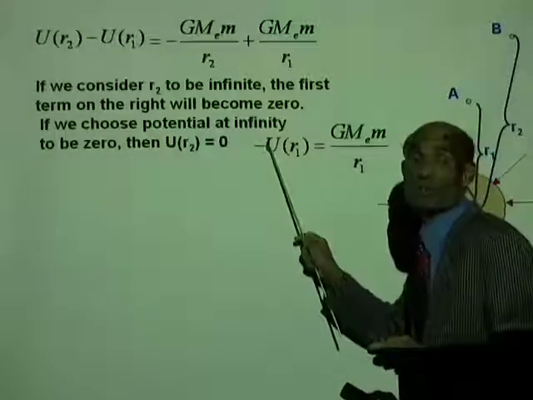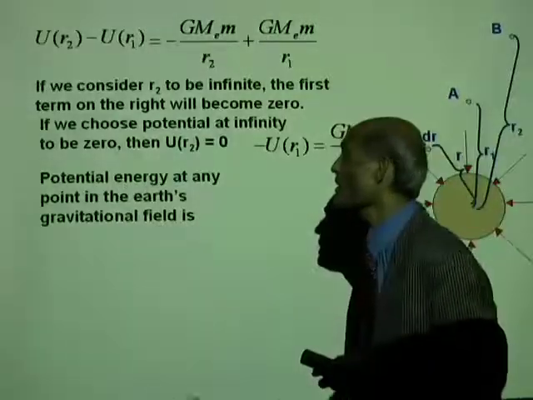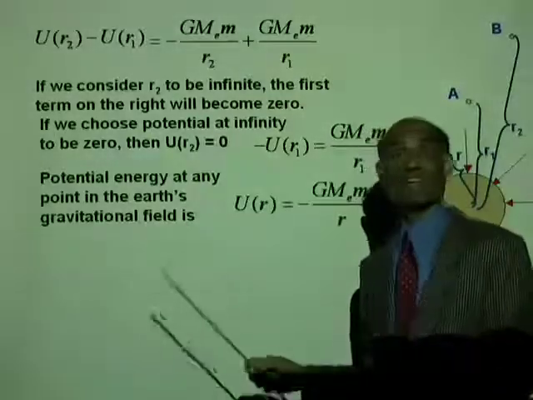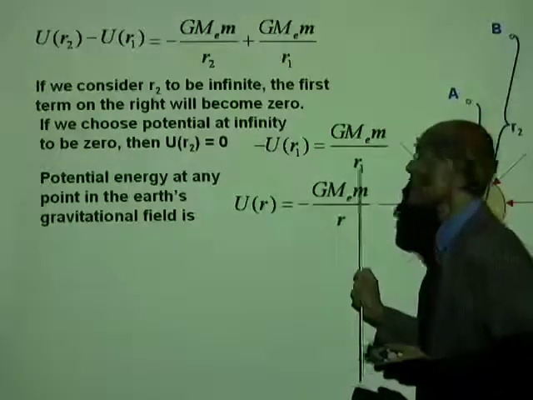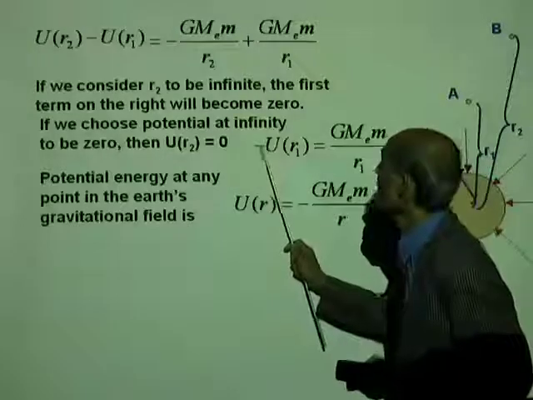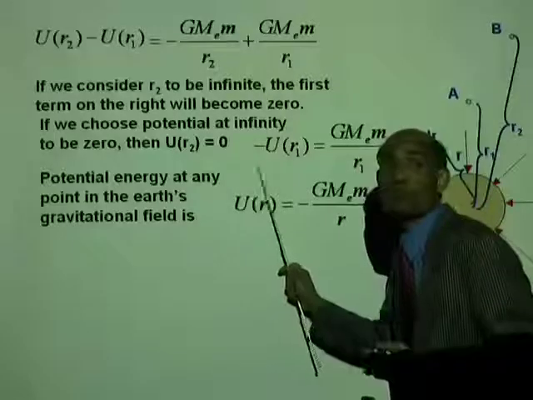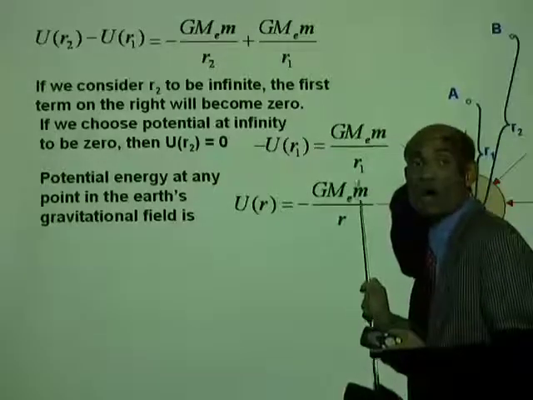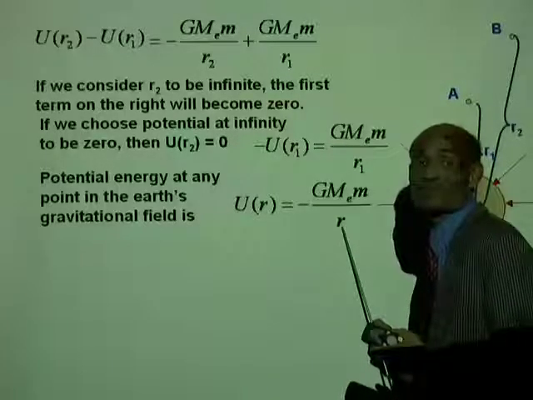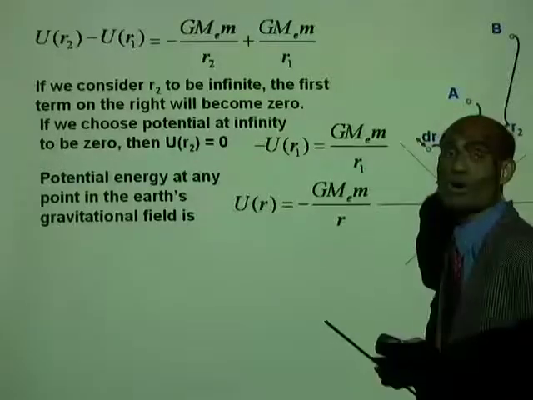And now, if you rewrite this, potential energy at any point in the gravitational field of the Earth can now be written as, look at this, I replaced this r1 by any value r, and the negative I gave it to the right. So this is a measure of the potential energy of an object m placed at a distance r from the center of the Earth. It is U(r) equals negative G M_E m over r.